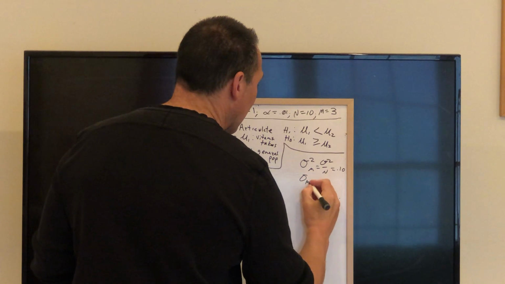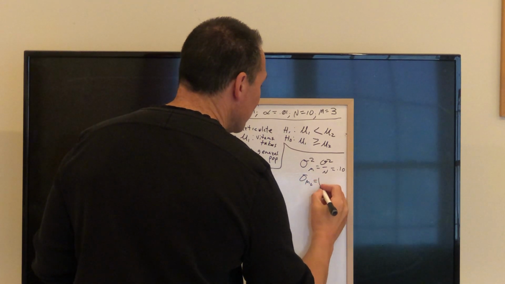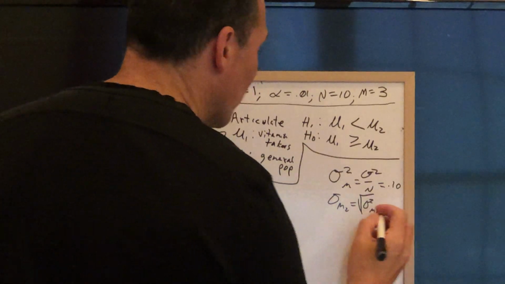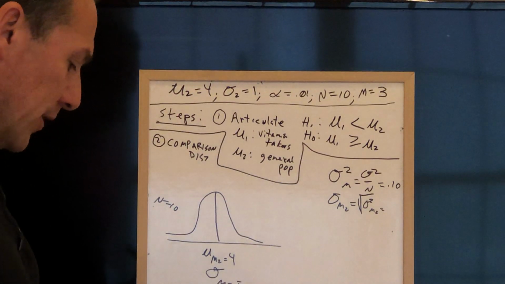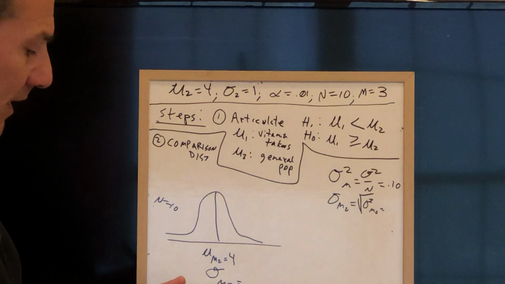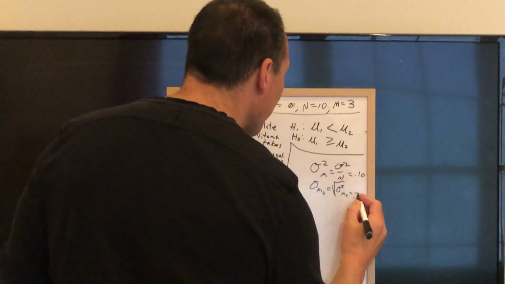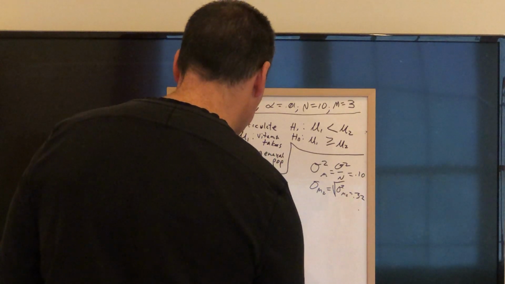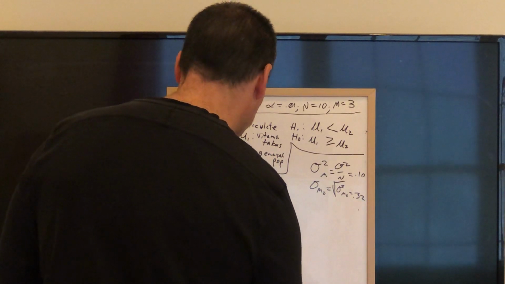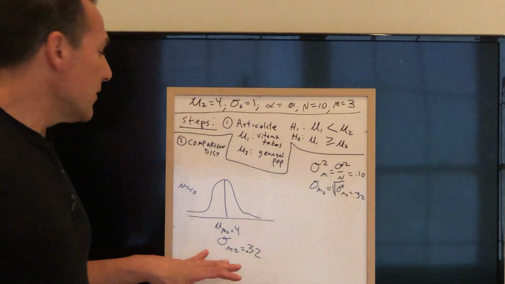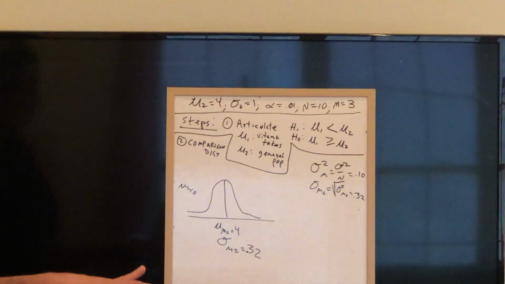And sigma sub m, or in this case sigma sub m sub 2, is the square root of sigma squared sub m sub 2, is the square root of 0.1. My calculator is saying that is 0.32. Okay, so that's our comparison distribution.